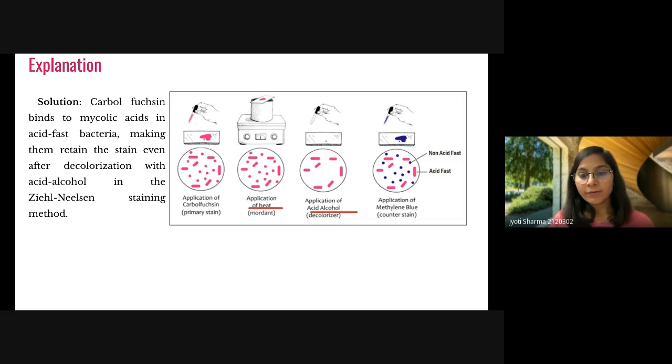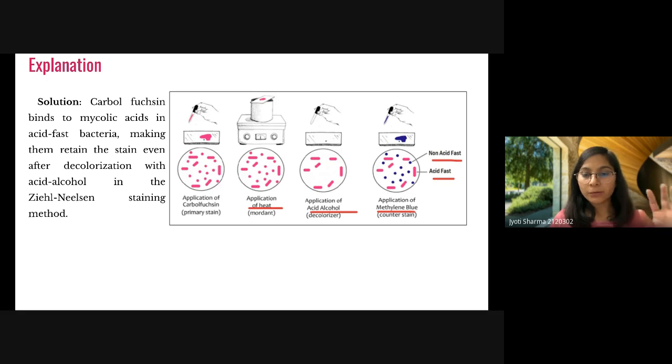Then whenever we are counter staining with methylene blue, some of the bacteria will have the blue color and some of the bacteria will have the pink color. So if we have the pink color, then this is acid fast bacteria, and if we have the blue color, then these will be non-acid fast.